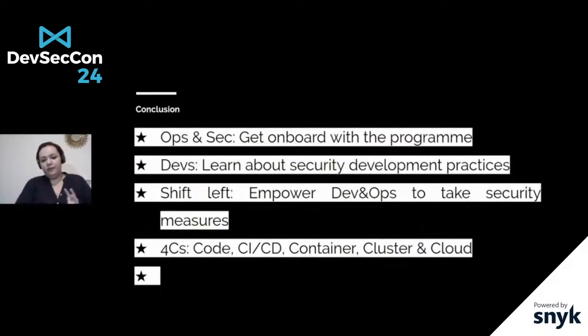If you are an ops or sec professional, try to get on board with the program, learn how to code, learn how to use Git, and see your configuration as code. This will be your start of security as code, but remember, automation is just one part of DevSecOps. You have to change your mindset as well.